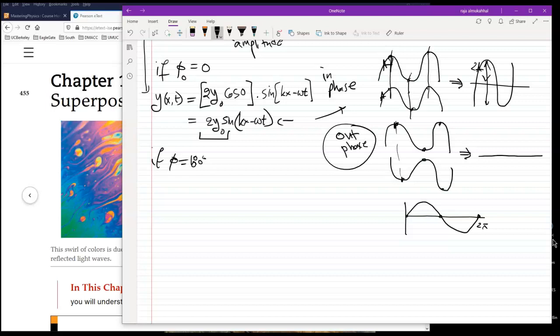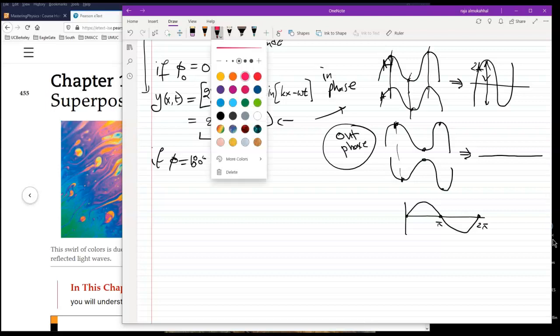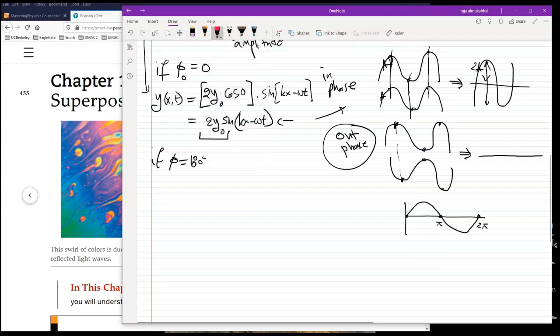So this is pi right here. So an out of phase wave would be something like that. I mean, another wave that is out of phase with it is going to be something, I'll put it a different color, something like that. You see what I'm saying? Okay, that's out of phase.